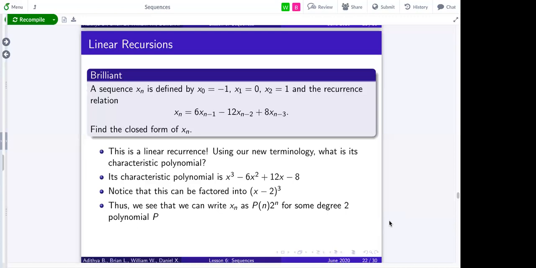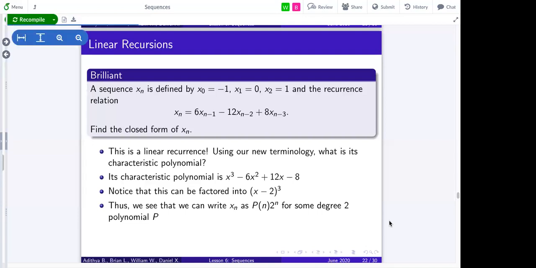Right, so now all that remains to be done is, what is this polynomial? Well, we notice that in the problem, they give us the first 3 values of x_n. And so we can convert these values of x_n into values of p of n.